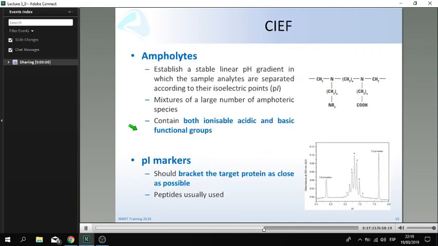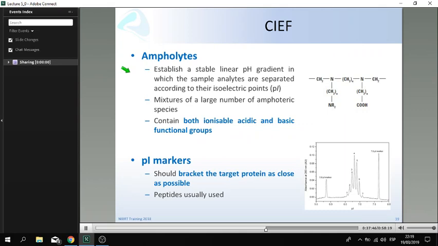So the way this works is you fill your capillary with ampholytes that establish your pH gradient. Ampholytes are just a mixture of a large number of amphoteric species that contain both ionizable acidic and basic functional groups, and they establish a linear pH gradient inside your capillary.